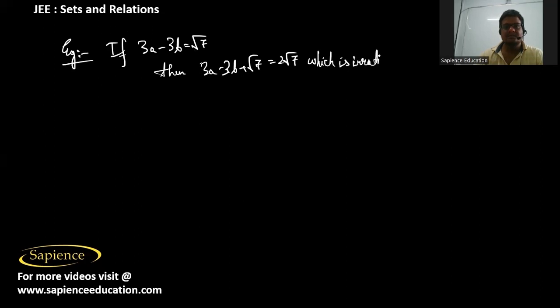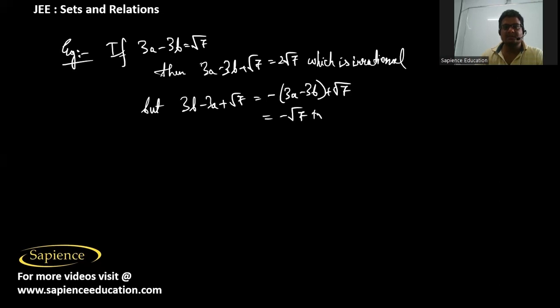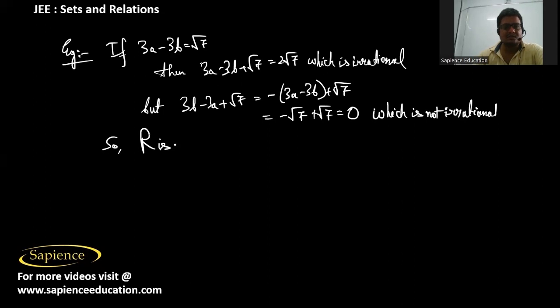But 3b minus 3a plus root 7 will be minus root 7 plus root 7, which is equal to 0. And we know that 0 is a rational number, so it is not irrational. So it means the relation R is not a symmetric relation.